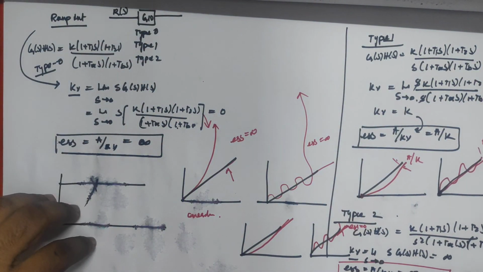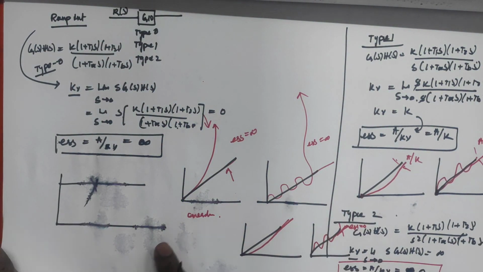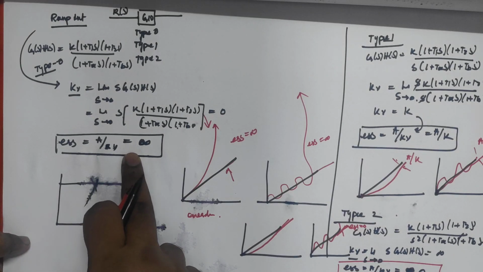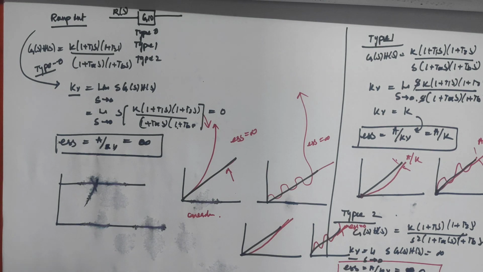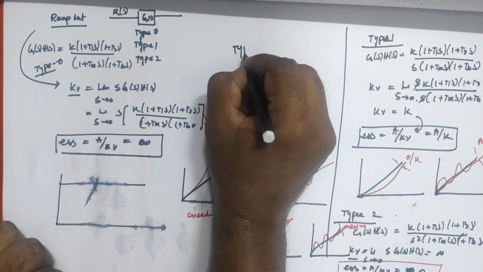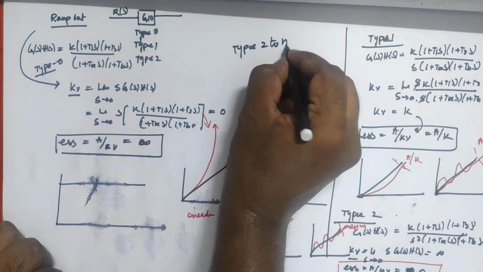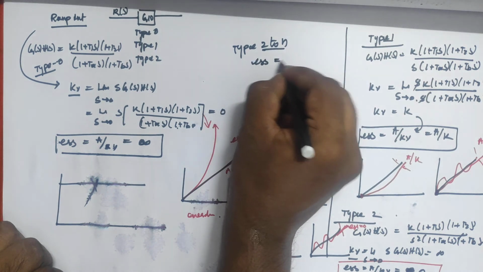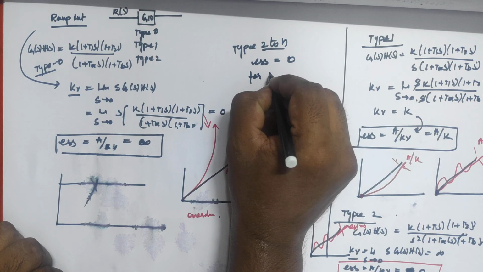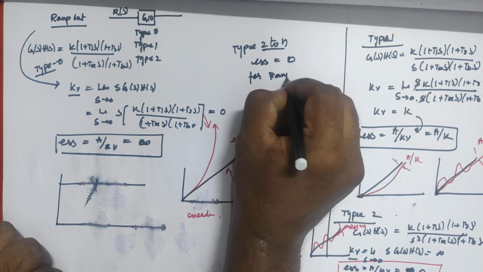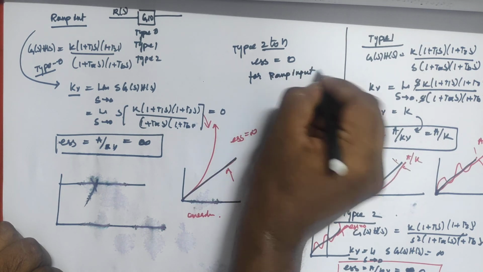For the ramp input, type 0 is infinite, type 1 is a finite value, and from type 2 to n the error is 0. Okay, this is the conclusion you need to know.